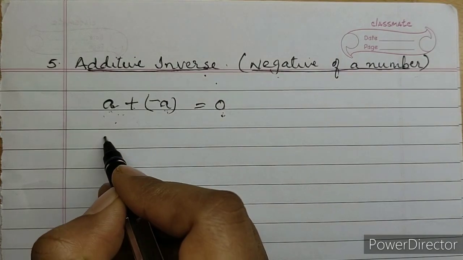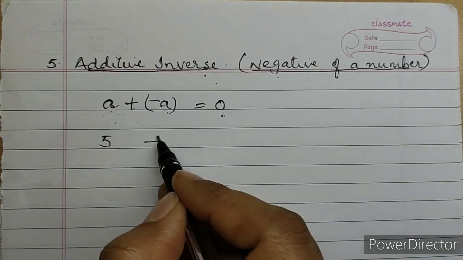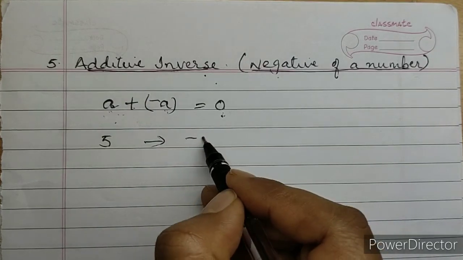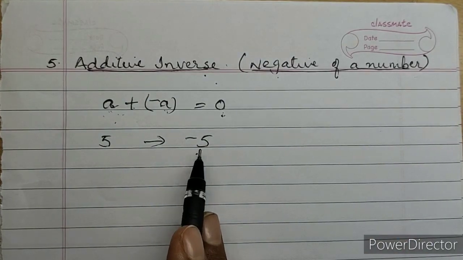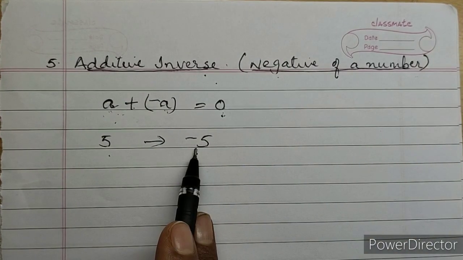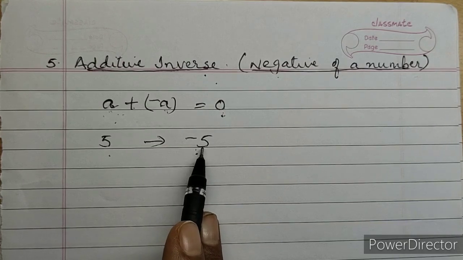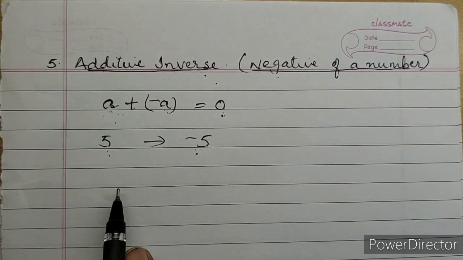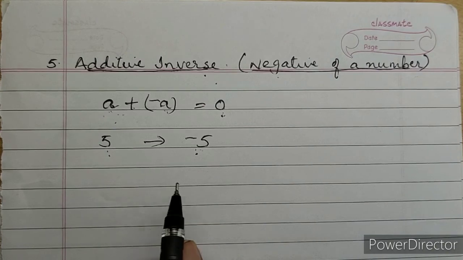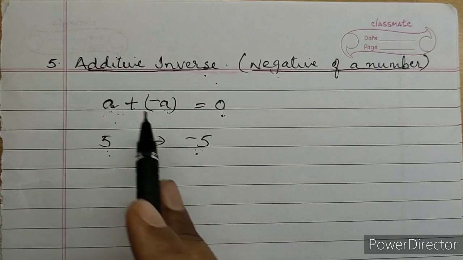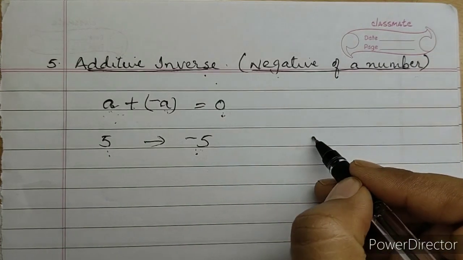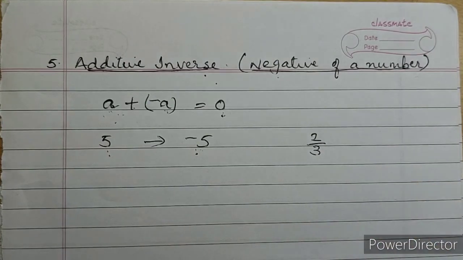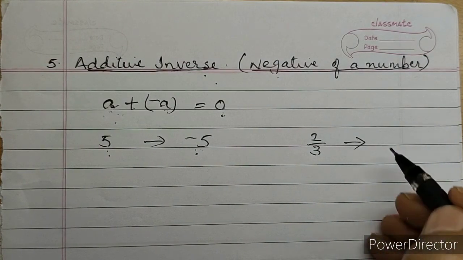For example, 5. 5's negative is minus 5, or you can say that the additive inverse of 5 is negative 5, and the additive inverse of negative 5 is positive 5. Change the sign and write. That is called additive inverse. For rational numbers, if you take 2 by 3, what is the negative of that number, or additive inverse of that number?